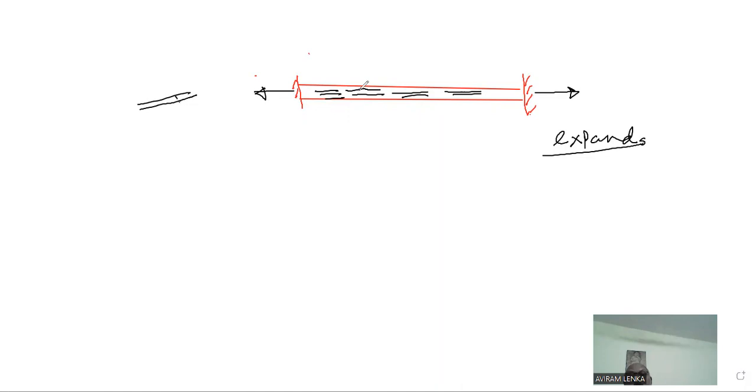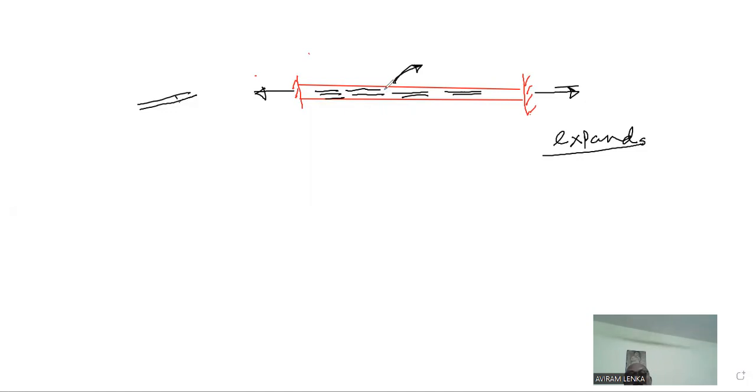So you are doing it so slowly that heat is getting time to be transferred. But in contrast, if you suddenly pull the ends, then whatever heat is developed won't get any time to be transferred.